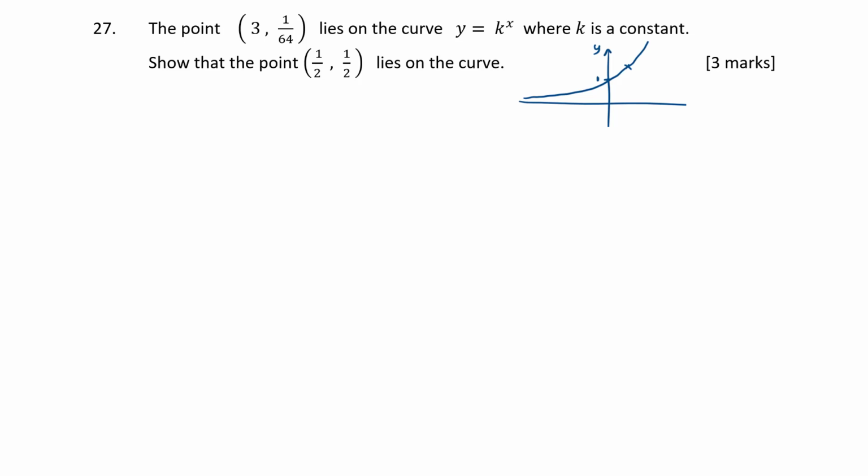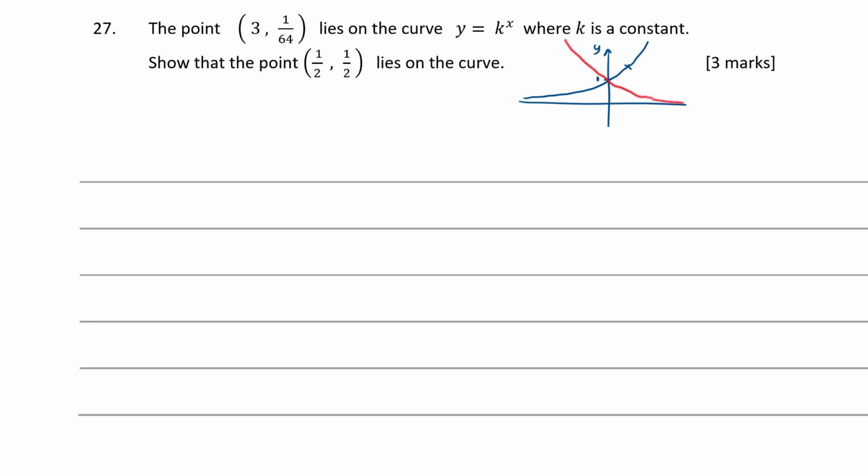Now you can get these graphs reflected, looking more like that, so decreasing as x increases, kind of a reflection in the y-axis. So you can get graphs appearing this way around if this constant here, k, happens to be a fraction. That's when you get it flipped around like that.